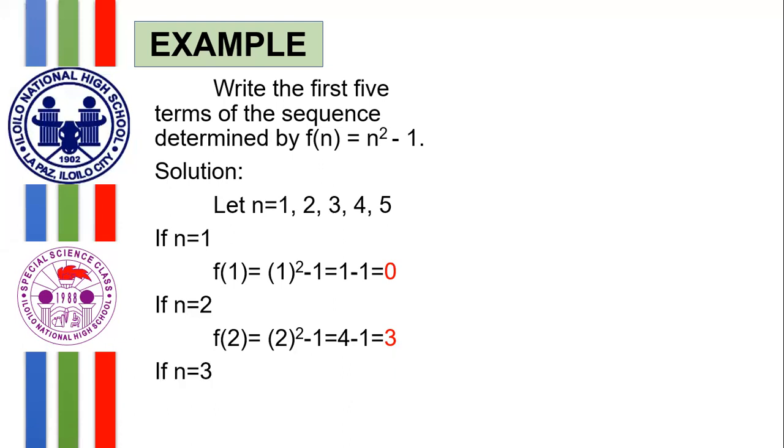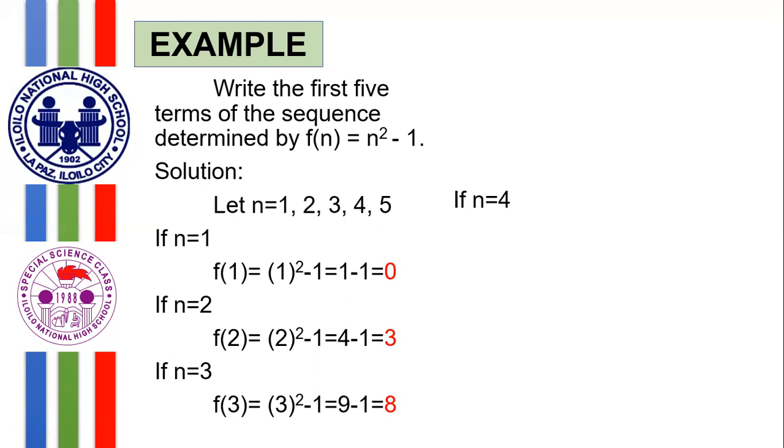If n is equal to 3, we have f of 3 equals 3 squared minus 1. We know 3 squared is 3 times 3 or 9, minus 1. That gives you 8. So 8 is the third term of this sequence.